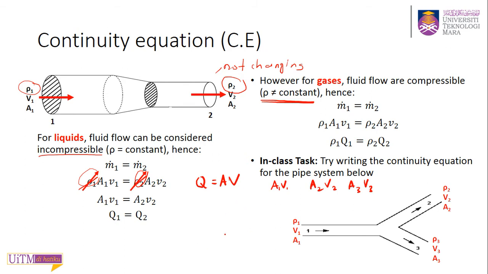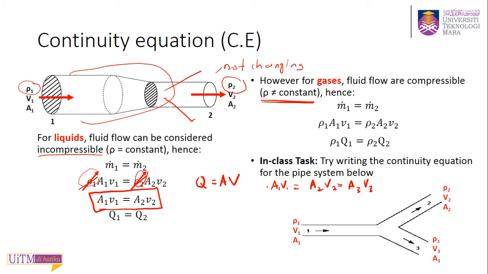I already gave you an example for this one, and the answer is like this: A1 V1 equal to A2 V2. But how about this one? They have a branch, there are two at the outlet. They are all equal, sir. Meaning A1 V1 equal to A2 V2 equal to A3 V3. Okay, a good try.